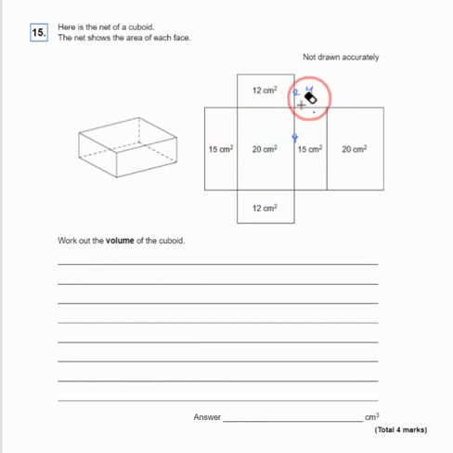So I tried 5 and 4 in the way that I did it, but that's not going to work. So let me try it like this. 5 here and 4 here, which means obviously this would be 5. So 5 by 4 gives you 20. And then if I put 3 here, because 4 times 3 is going to give us 12, it also means that when you fold this up, this is going to line up nicely with this, which means that this will be 3.